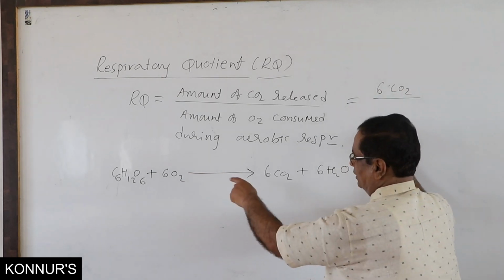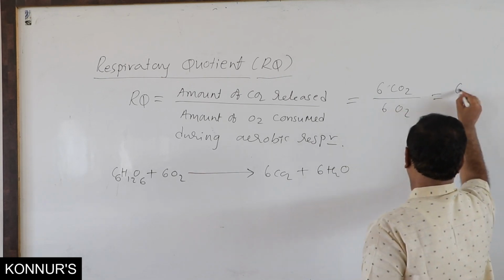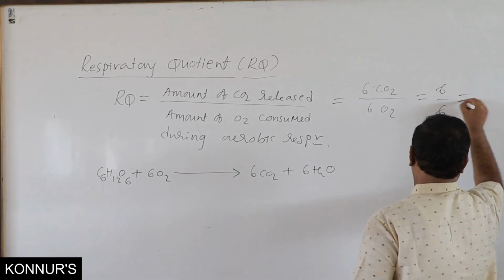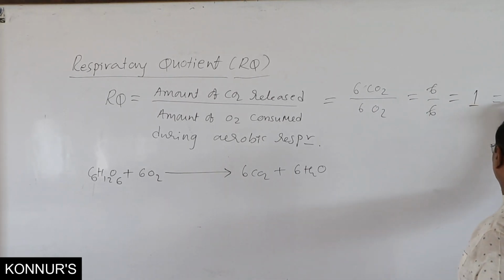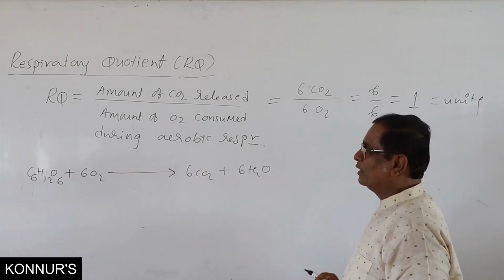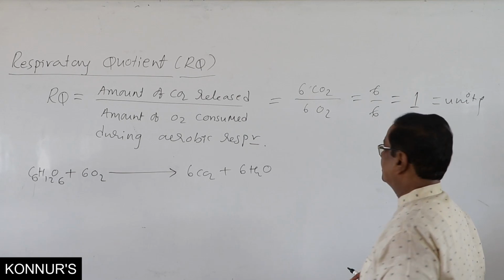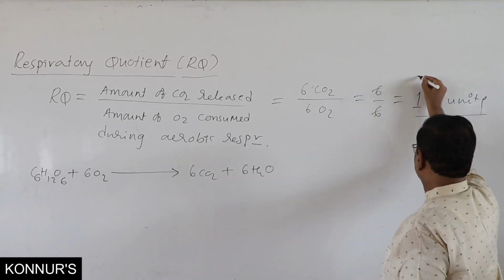How much oxygen is consumed? 6 O2. 6 by 6. Yes, unity. Remember, respiratory quotient for carbohydrate is unity.